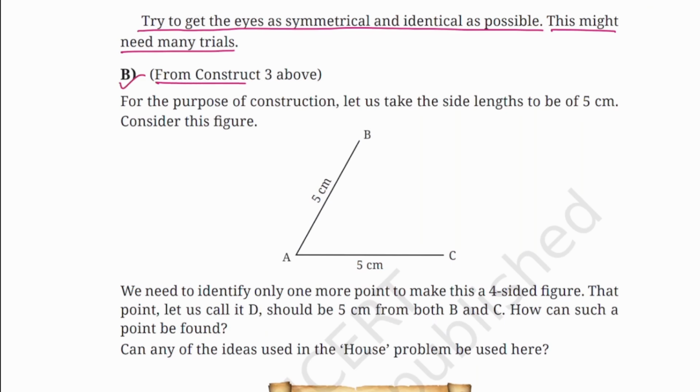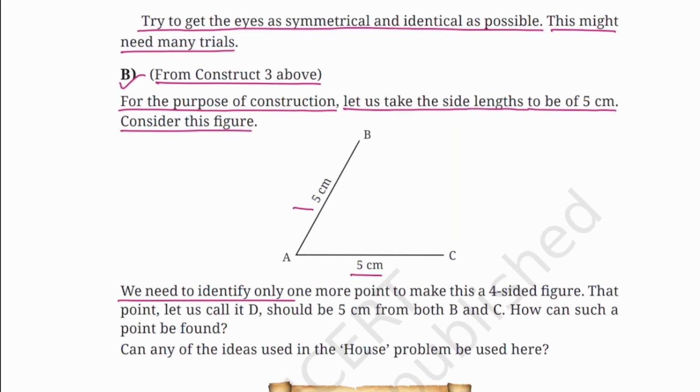B. From construct 3 above. For the purpose of construction, let us take the side lengths to be of 5 cm. Consider this figure. 5 cm, 5 cm. You can draw like this.